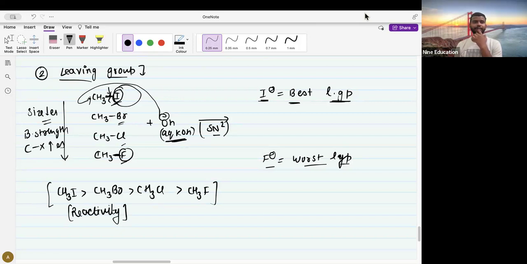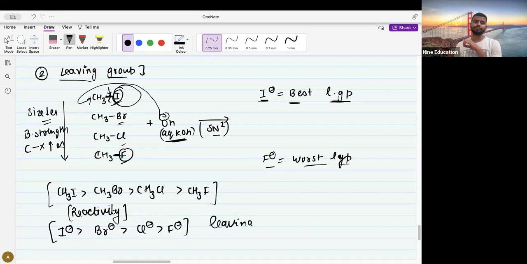Sure. Very good answer you have told. I minus will remove. So out of all the 4, I minus is the best leaving group, then Br minus, then Cl minus, then fluorine minus. This is about leaving groups: which one is more, which one is less. Simple it is.